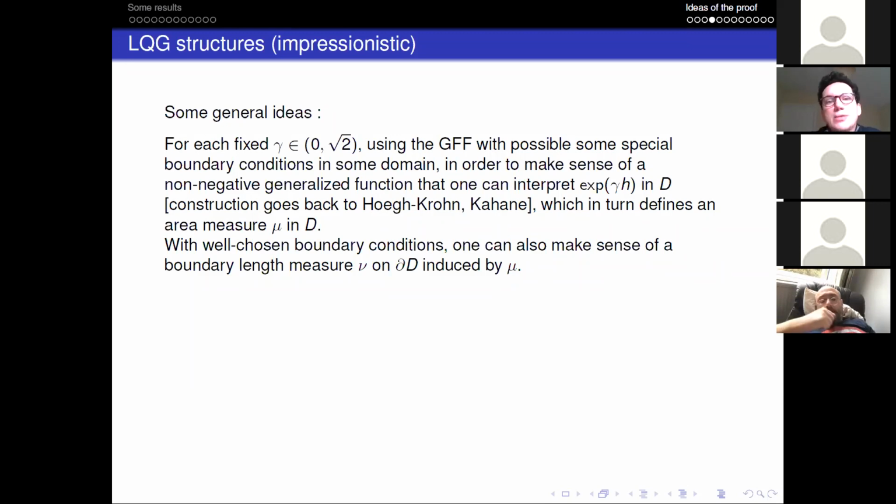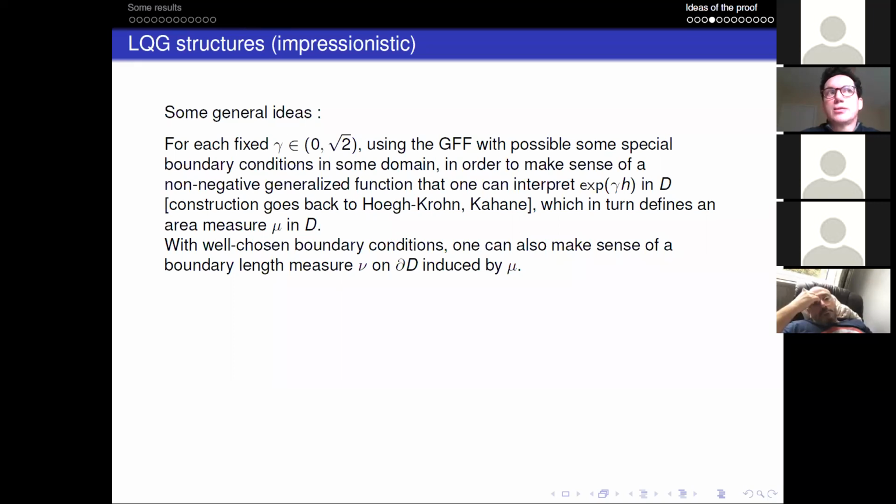The construction of this very rough generalized function goes back to people like Høegh-Krohn and Jean-Pierre Kahane, which then you can use as a density with respect to Lebesgue measure, even though this is of course not a regular density because the function is a generalized function, but you are able in some sense to define in the domain D a random area measure that to each portion of D assigns a random area.